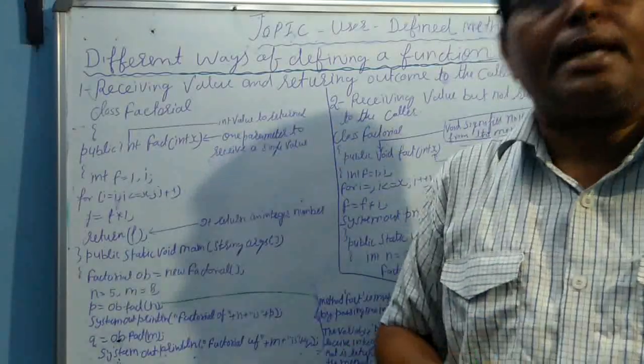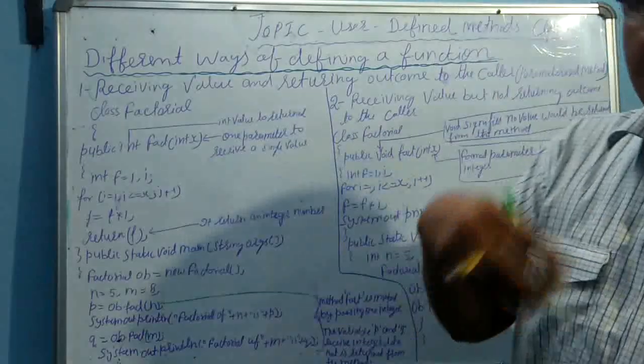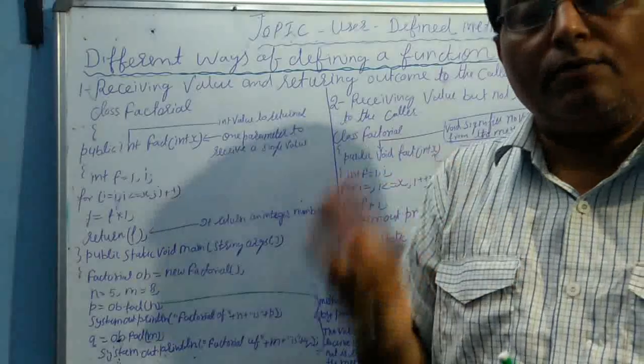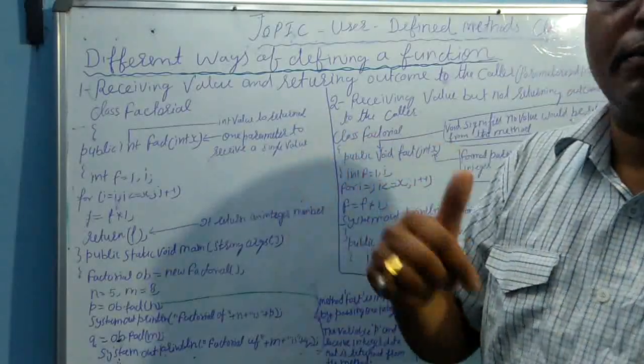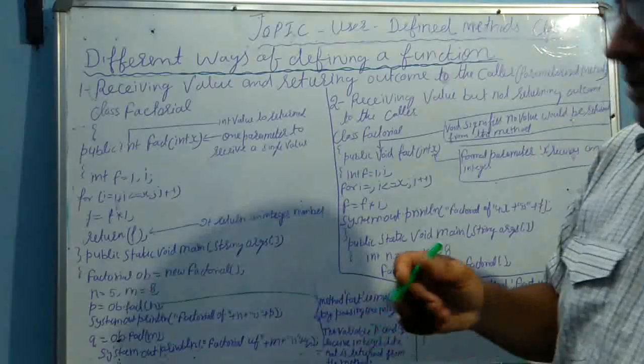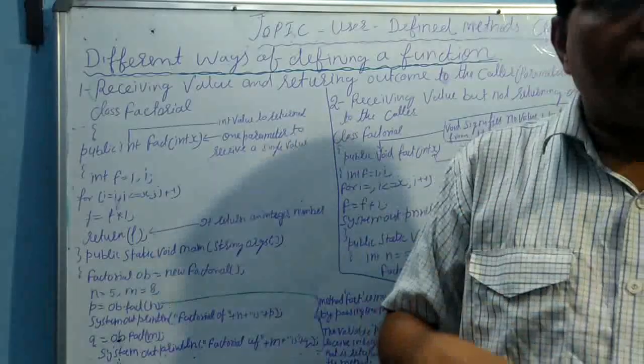So we are taking one example. In the last video I told you about the factorial of 5. Now we take the values 5 and 6. Suppose I ask you to find the factorial of 5 and 6.